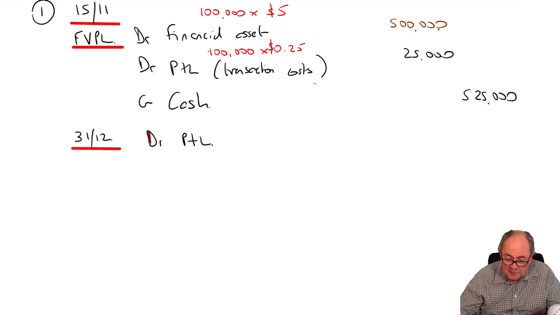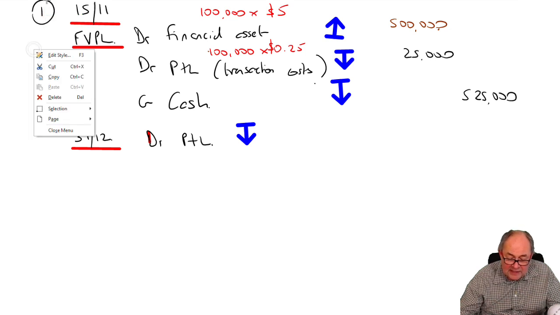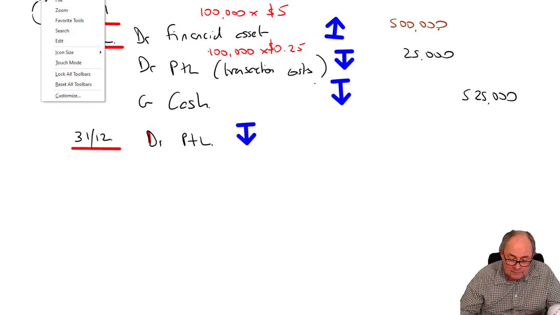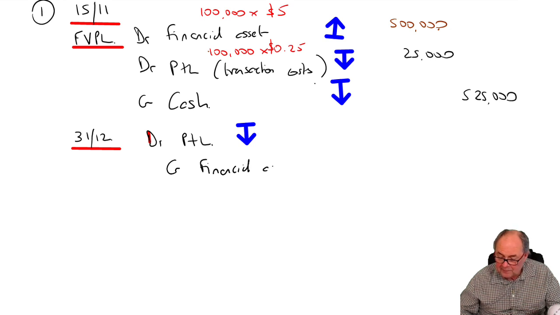Or let me just put the arrows in for the other bit. Financial asset goes up, profit goes down, cash goes down. I'm going to have a debit to profit and loss. I'm going to have a credit to financial asset. So the financial asset is going to go down as well.